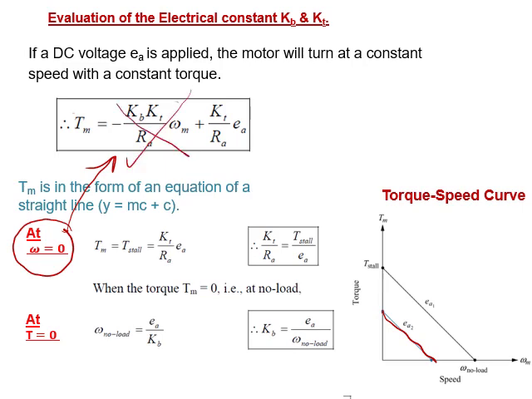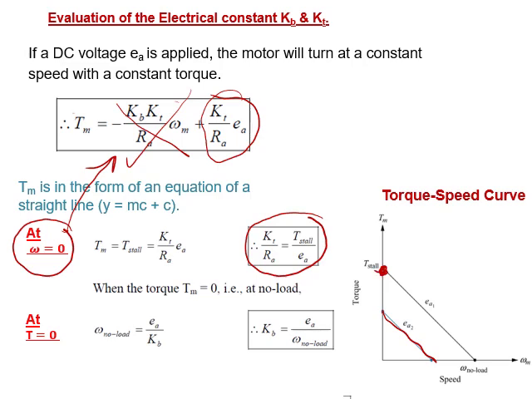The remaining will be Tm equal to this value, which is going to be rearranged to get Kt over Ra equal to T stall over Ea, where T stall is the maximum torque that can be developed by the motor, which is developed when the motor is locked. When the motor is locked, the torque generated at that time is the maximum. We call it T stall.